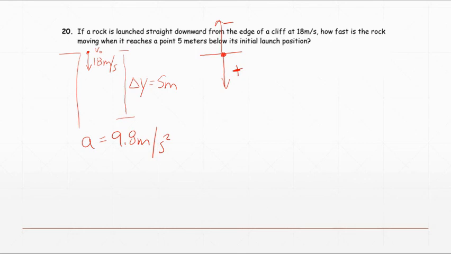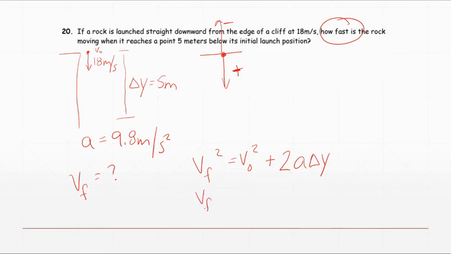Now, the question says, how fast is the rock moving? So I'm looking for V final, okay? In this case, I'm going to use V final squared equals V initial squared plus 2 times A times change in y. V final is equal to the square root of V initial, which is 18 meters per second, squared, plus 2 times 9.8 meters per second squared times 5 meters.